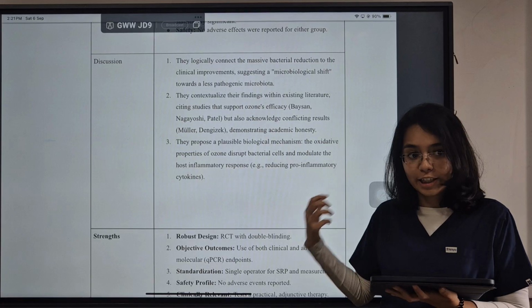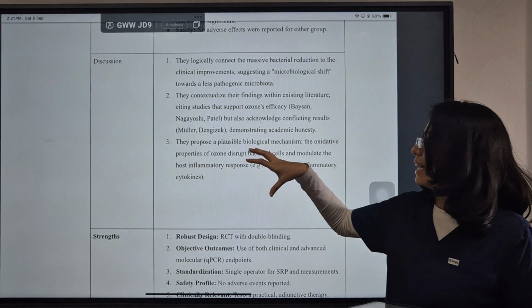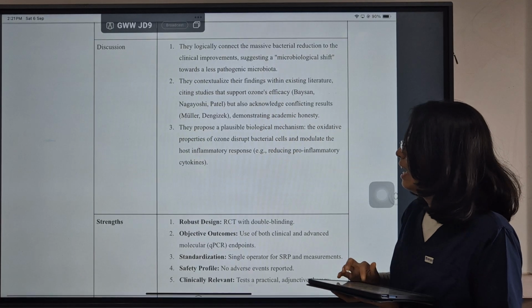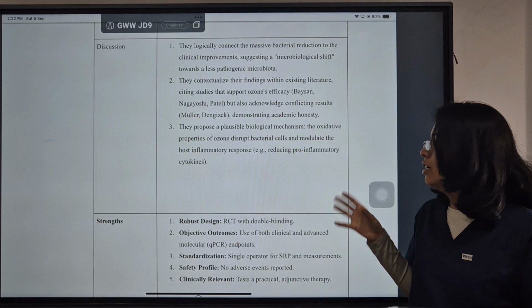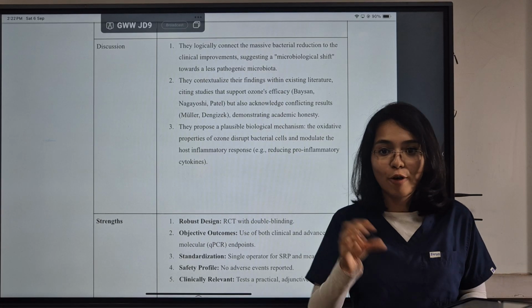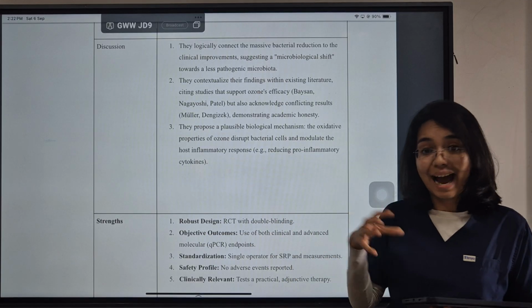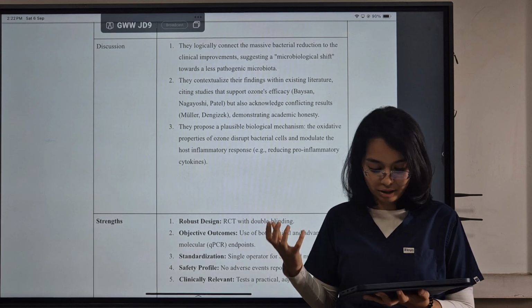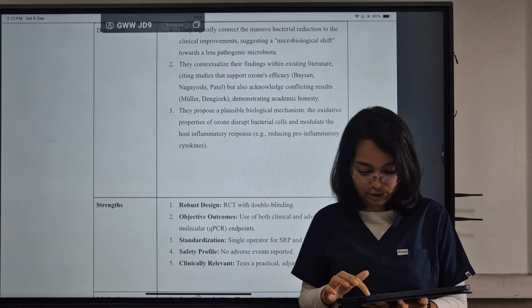They also contextualized their findings with the existing literature, which supports ozone's efficacy, and they proposed a plausible biological mechanism. The oxidative properties of ozone disrupt the bacterial cells and modulate the host's immune response, so it reduces the pro-inflammatory cytokines.